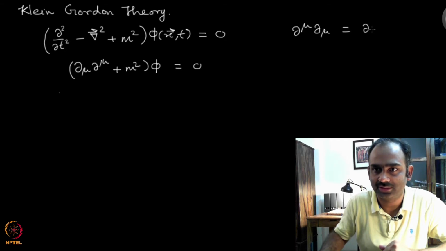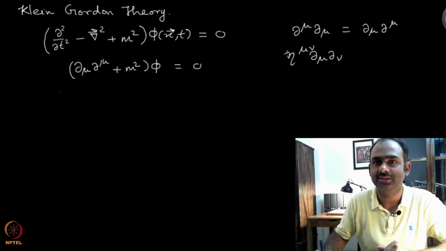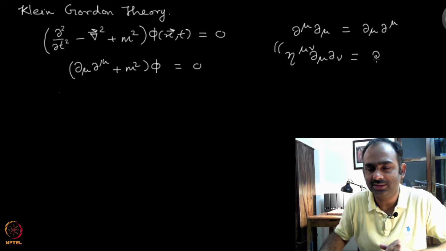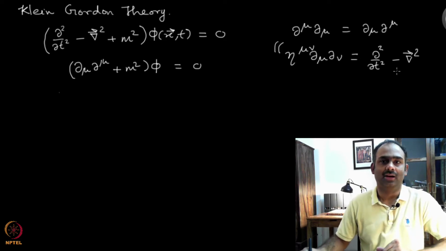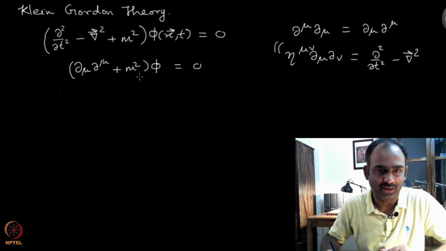I believe this will be familiar to most of the students: del mu del nu eta mu nu. These all are the same. If you expand, it is del 2 over del t squared minus gradient squared, that you can easily see.